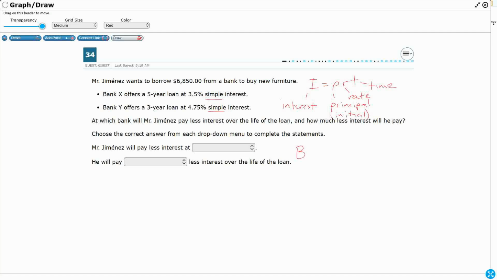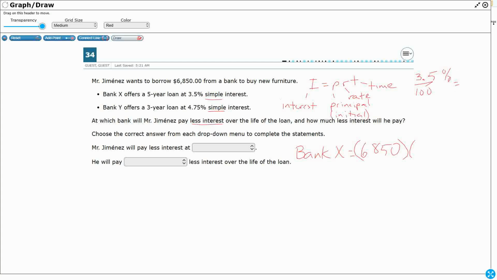Bank X. The interest for bank X is, because we're looking for the less interest, principal 6850, the interest 3.5. Now let's take a look at that 3.5, right? 3.5% is per 100, so it's 3.5 hundredths.